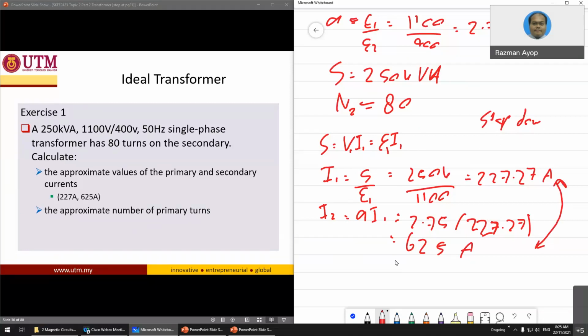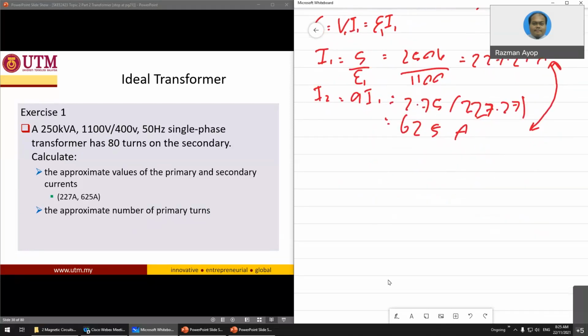What is the formula to find the primary turns? You already have the secondary turns, so what is the formula? N1 divided by N2 equals alpha, N1 over N2 equals a.